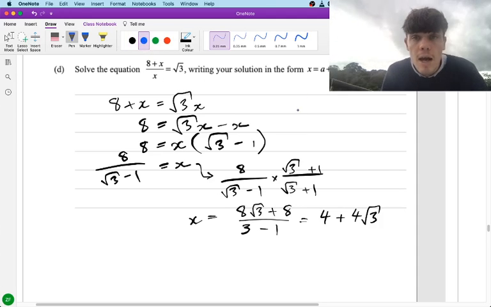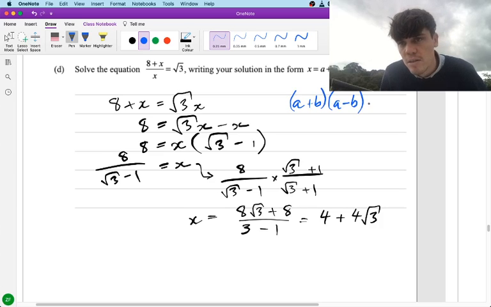The reason that this works is, if you have a plus b times a minus b, and you look at how that expands, you get a squared plus ba minus ba minus b squared.